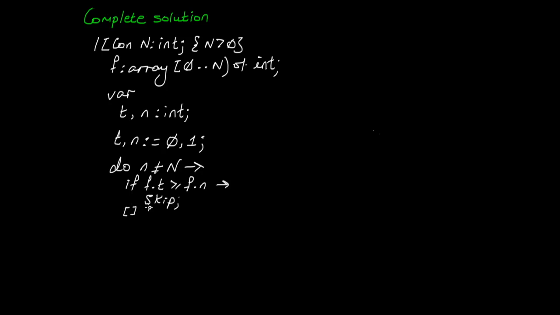Else f.t less than f.n, then we say t becomes equal to n, and that's the end of our if. And of course, don't forget n becomes equal to n plus 1 every time around the loop, and that's the end of our loop.